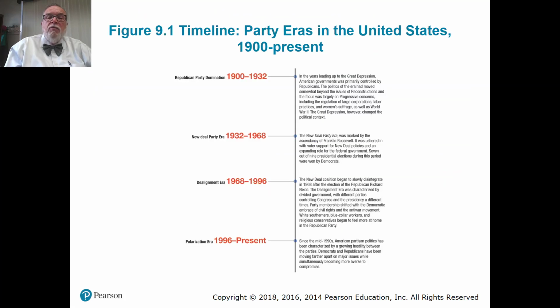If you look at it, the Republicans dominated starting in 1900 through 32. So when the Depression hit in 1929, the party lost power.